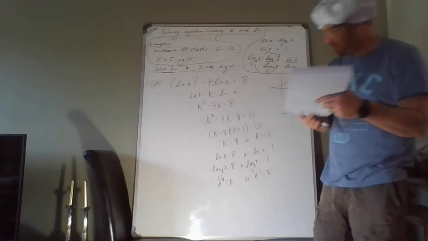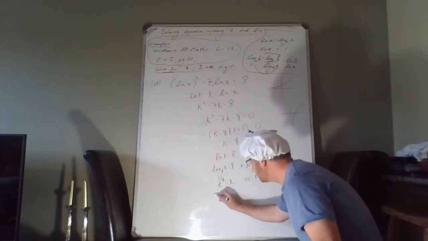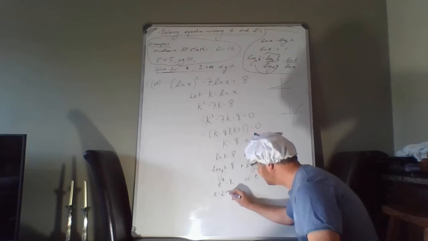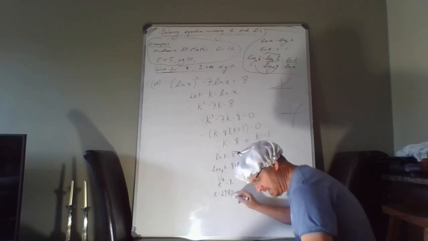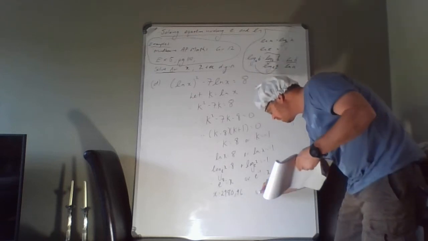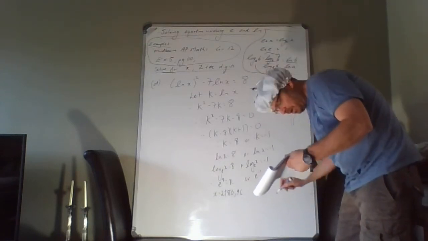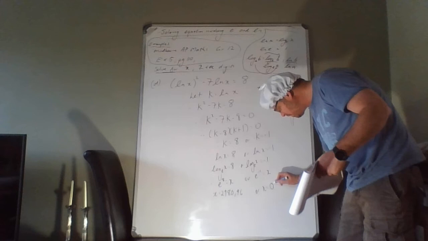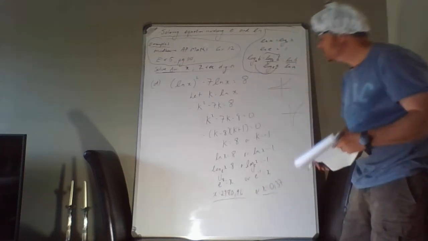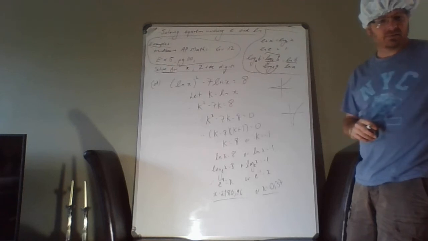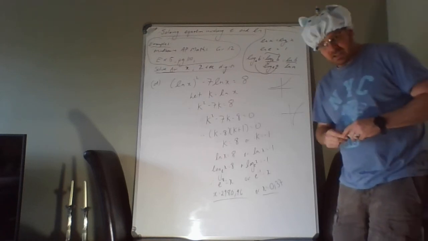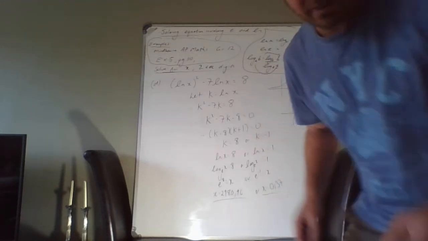You should get x is equal to 2980.96, or x is equal to 1 over e, which is 0.37. There's your answers, correct to 2 decimal digits. A thing of beauty and a thing of joy is mathematics.